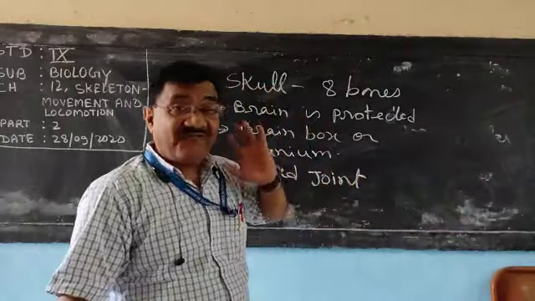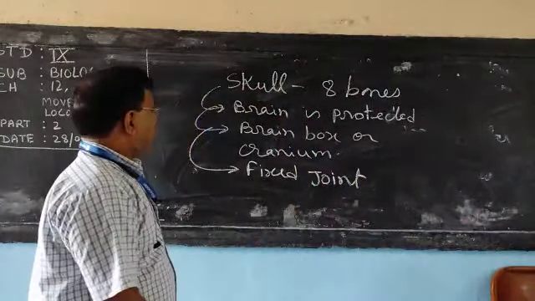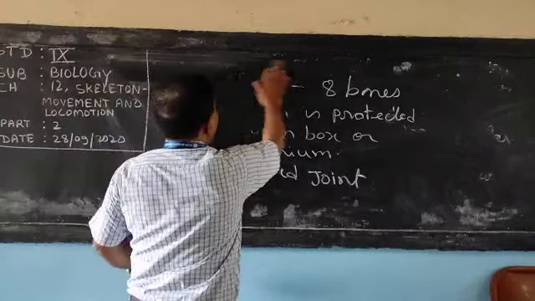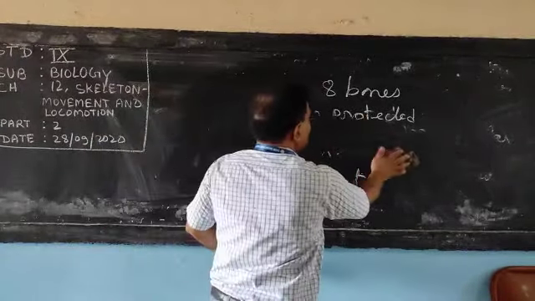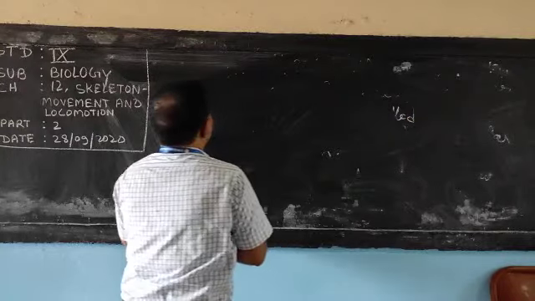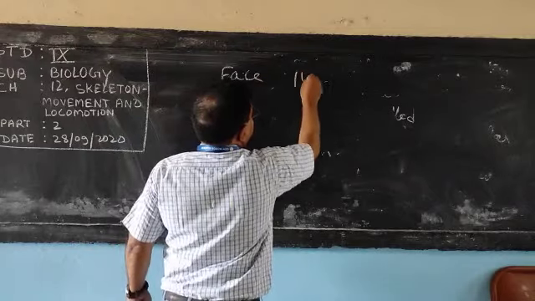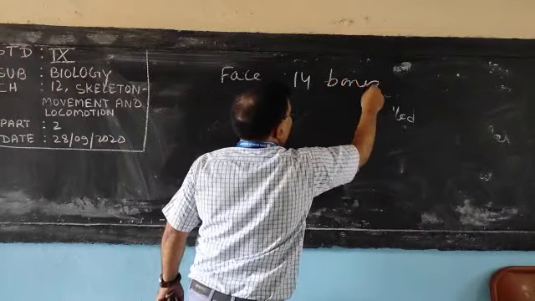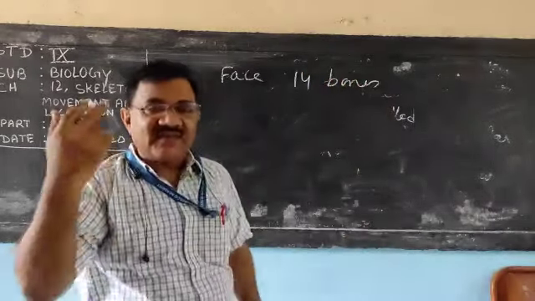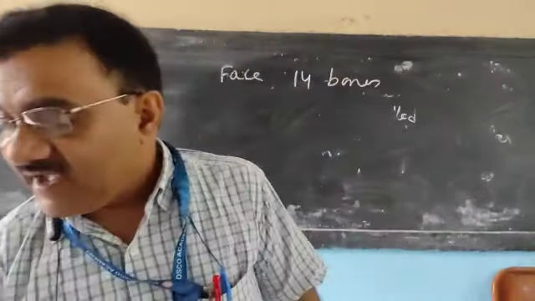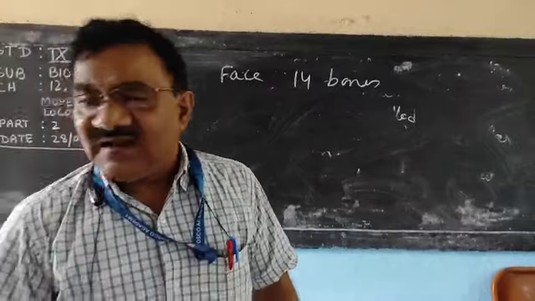And as far as the face is concerned, our face contains 14 bones. Now, this face is made up of 14 bones and the skull is made up of 8 bones.